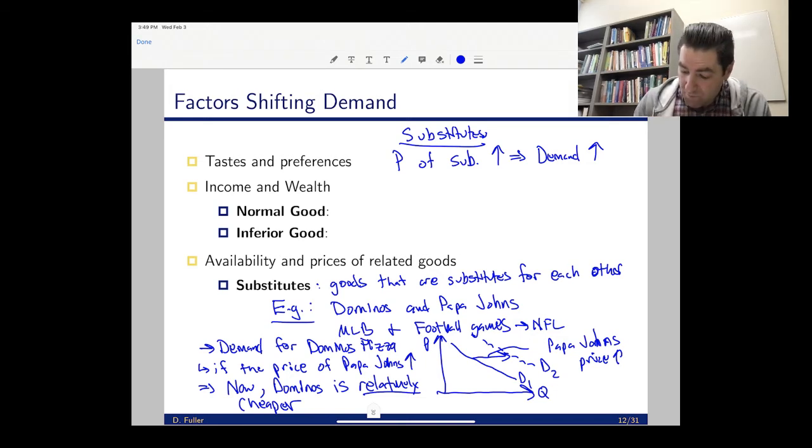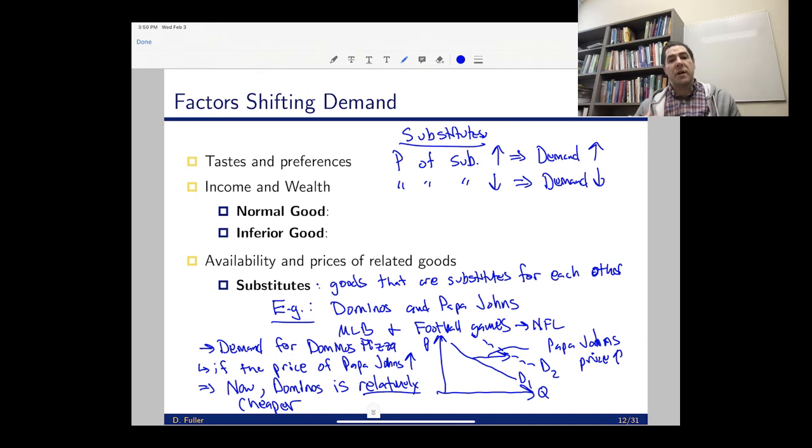The price of the substitute goes down, then demand is going to decrease. Right, so when the price of Papa John's pizzas goes down, I'm going to buy more Papa John's pizzas and fewer Domino's. So demand for Domino's pizzas is going to decrease. All right, so substitutes: price of the substitute goes up, demand goes up. Price of the substitute goes down, demand for this good goes down.